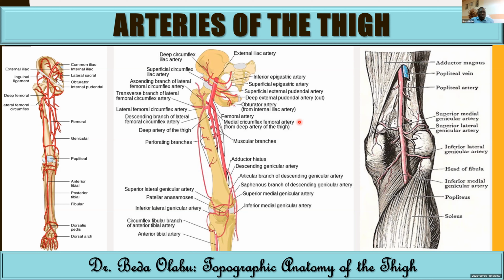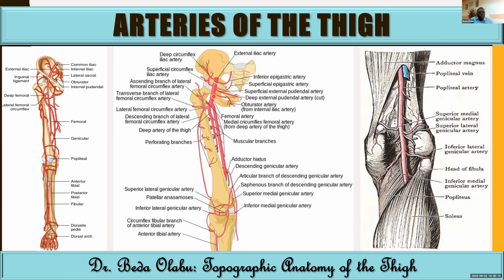Either one or both of the circumflex arteries can come from either the profunda femoris artery or the common femoral artery, and that is a normal variation.